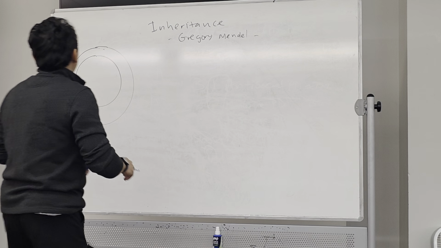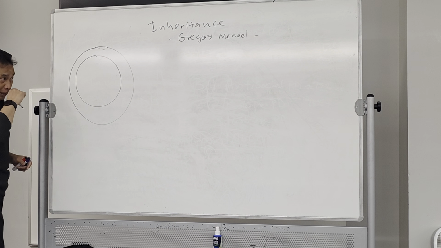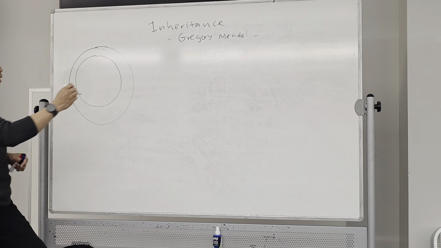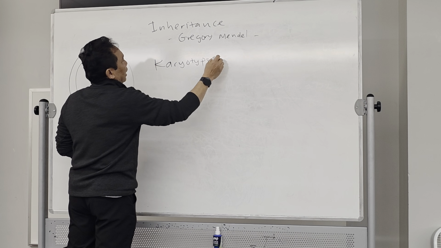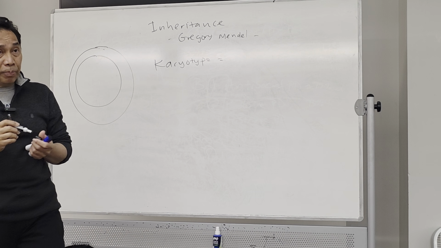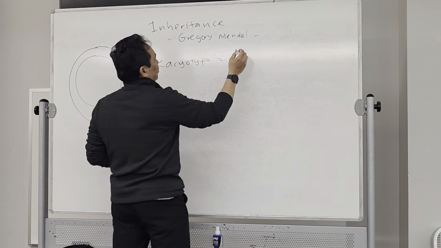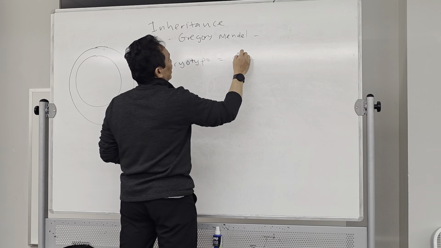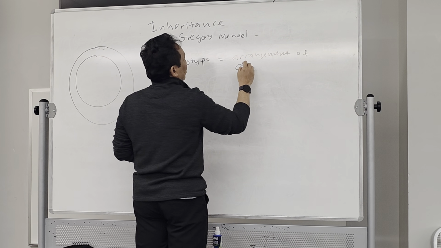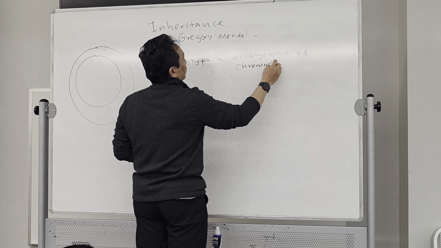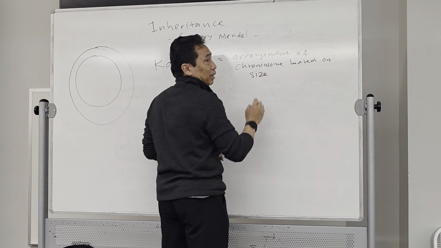Now from those 23 pairs, usually the scientists will put them in what we call the karyotype. Karyotype is the arrangement of chromosomes based on their size.